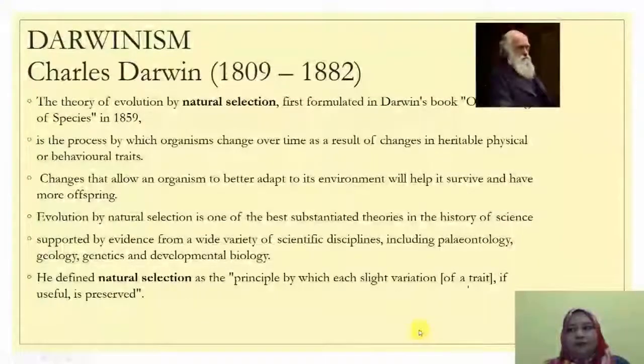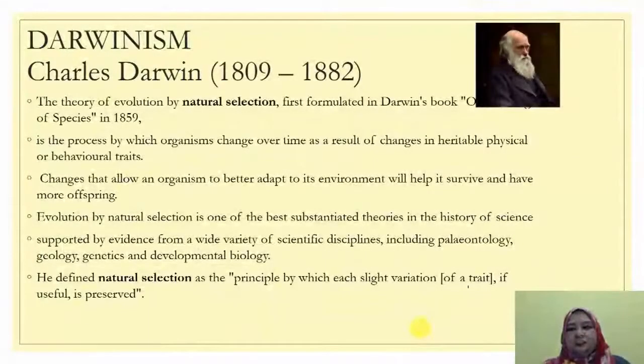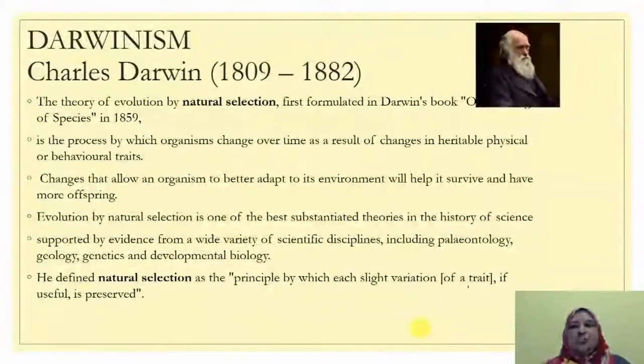Charles Darwin, on the other hand, his theory of evolution is by natural selection, and he said that organisms change over time as a result of changes in heritable physical or behavioral traits. Right? So it's heritable. That means that you're inheriting the trait from your parents because it is in your genes.